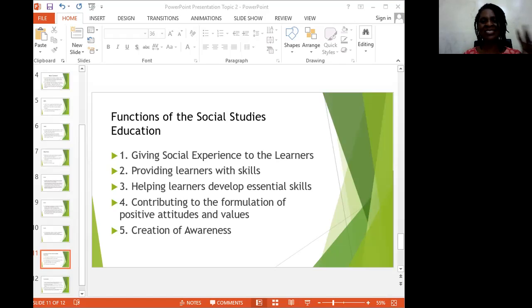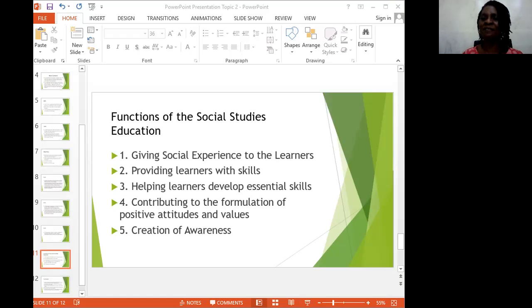Three important skills, three essential skills. Very important.